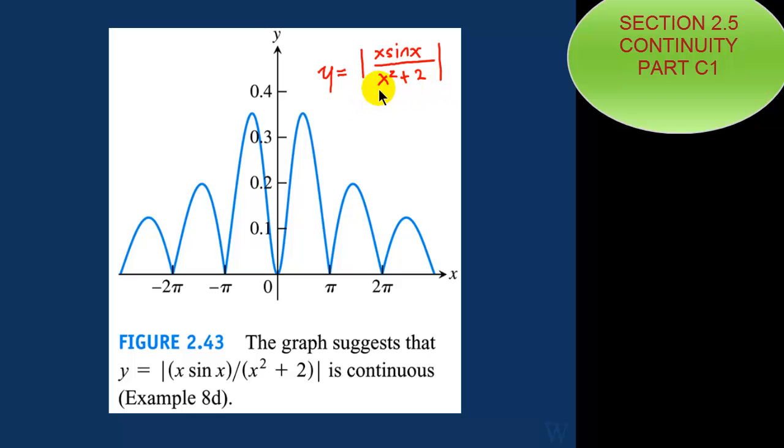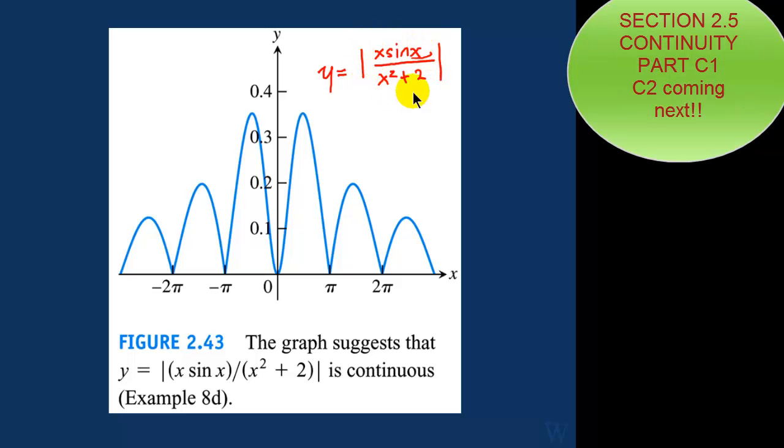Do we have any problem as far as having a 0 in the denominator? No, because x squared plus 2 will always be positive and non-zero. At the top, you have a continuous function times the identity function. They're continuous, okay? So the ratio of two continuous functions, as long as there's no 0 in the denominator, is continuous. And if you take the absolute value, then it's also continuous because the absolute value function is continuous.